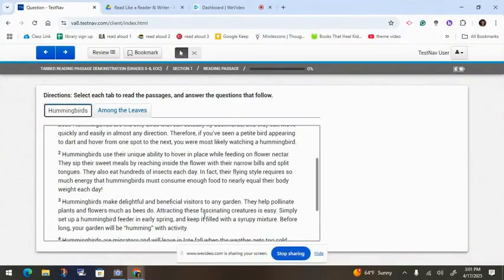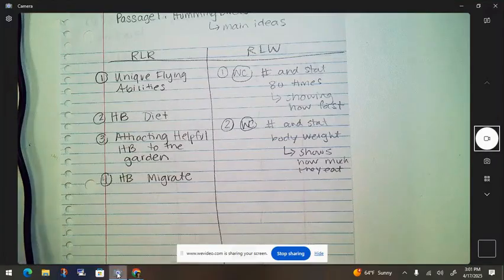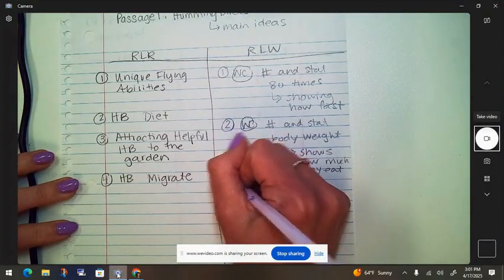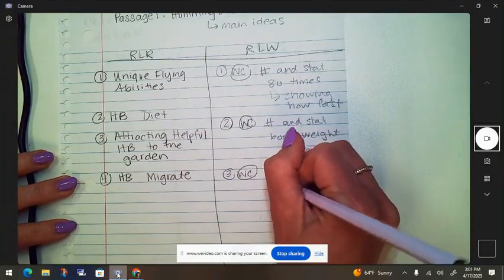lot for their size. And then if I go to paragraph 3, when I read this, because they're beneficial to the garden, I felt like the writer was using a lot of positive word choice with that positive connotation. So I really stuck to the word choice here. That was what was really sticking out to me, but that's perfectly fine.